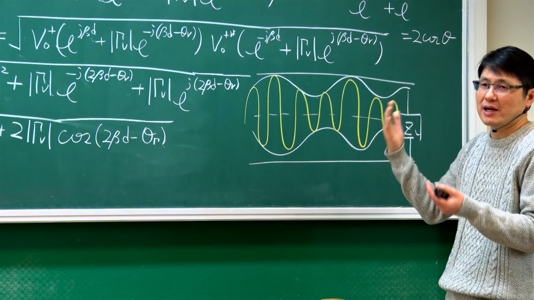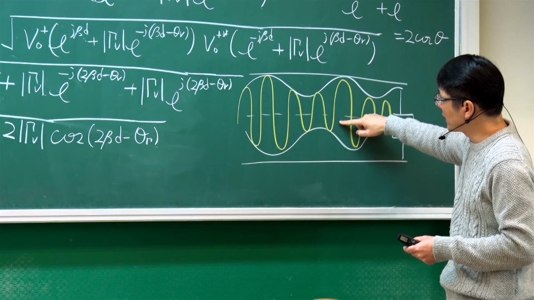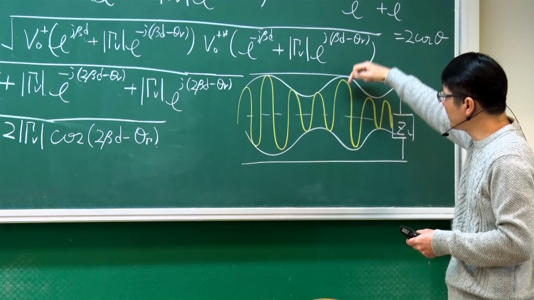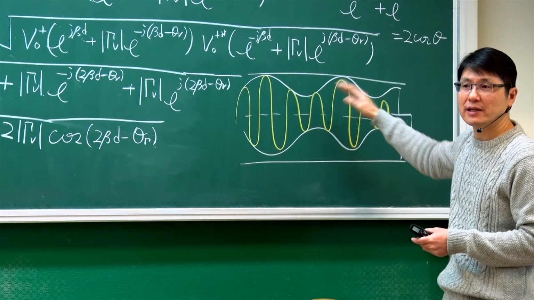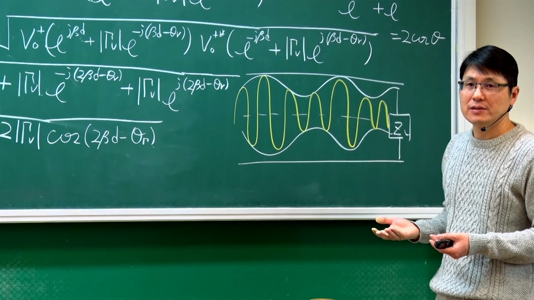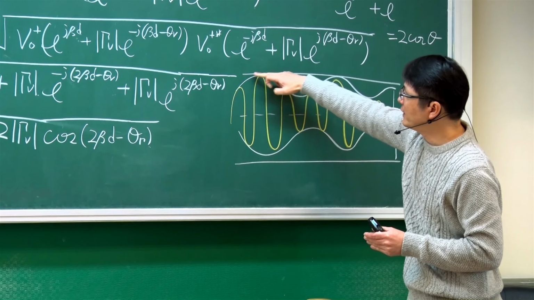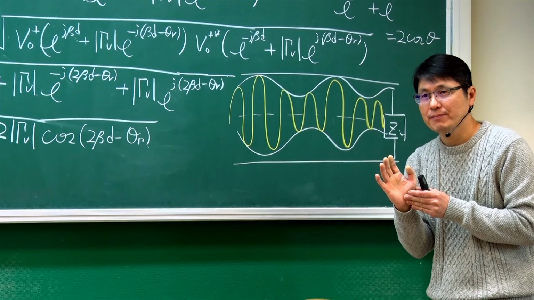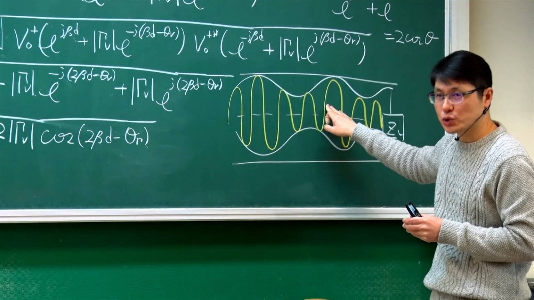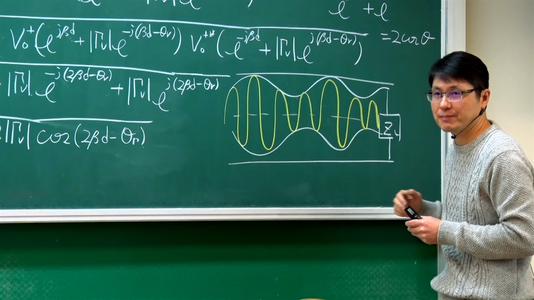Cosine is kind of changing. So the next moment, the voltage can be changed, but somehow the maximum value is limited by this white envelope. So what we just derived is the white envelope, but the voltage wave is the yellow trace, and it changes as a function of time.